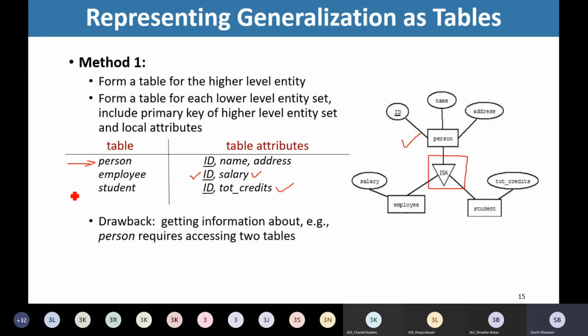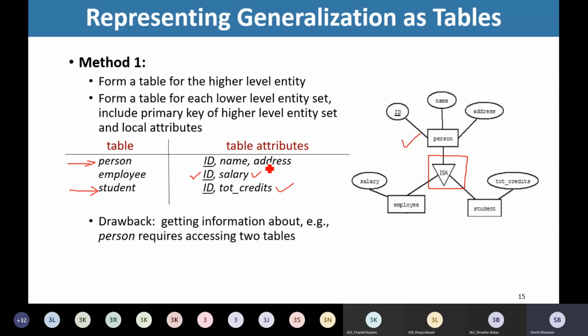So I need to access two tables. If I want to get the information of a particular student, then I need to refer to the student table and also the person table, because some information is available in the student table and some information like name and address is available in the person table.